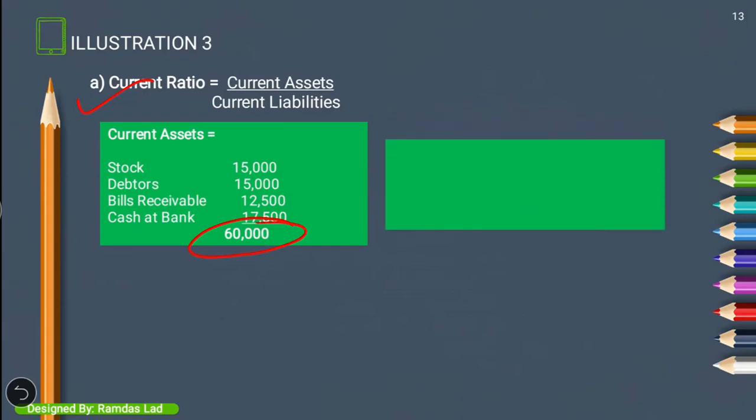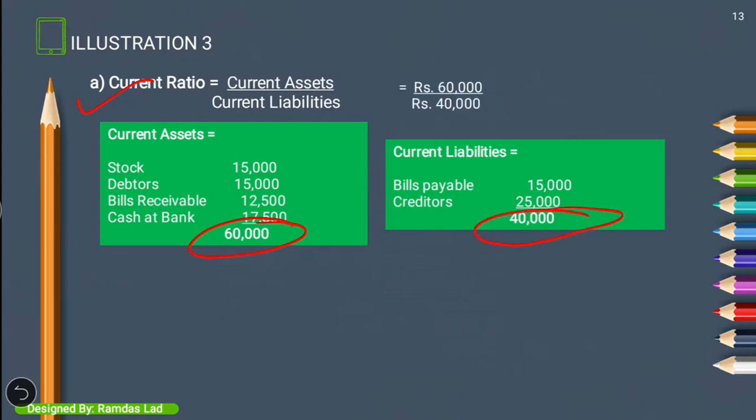Now current liabilities, which include bills payable and creditors, total 40,000. So current assets divided by current liabilities means 60,000 divided by 40,000. So it will be 1.5:1. So the current ratio is 1.5:1.